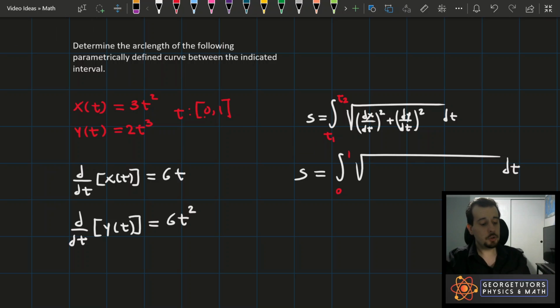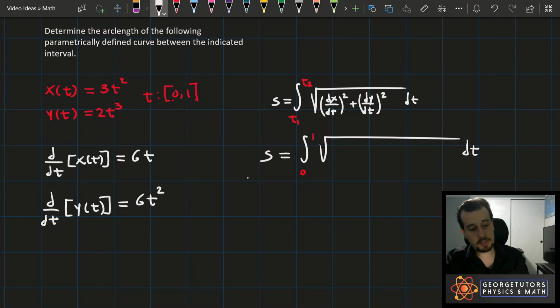Fair enough. So those are what we're going to place under these squares over here. So let's be really careful we don't miss a power here. The derivative of x, 6t, and the derivative of y, 6t squared.